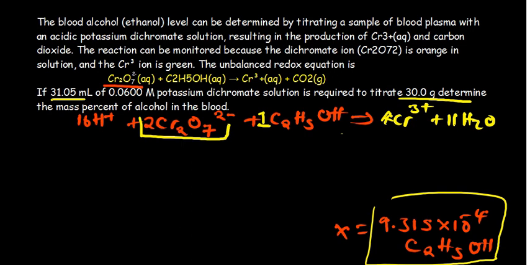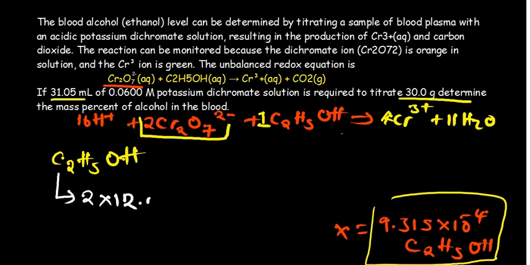So how do we calculate the relative molecular mass? We do know that C2H5OH is the formula that we have for our alcohol. So just begin calculating their molar masses. Carbon has a molar mass of 12.01, and there are 2 in this case. Then the hydrogens, 5 hydrogens, each has 1.008 times 5.